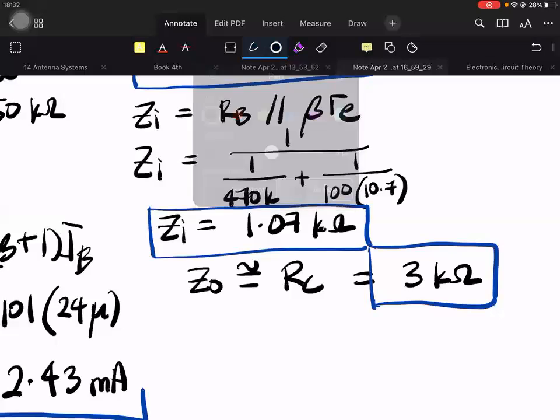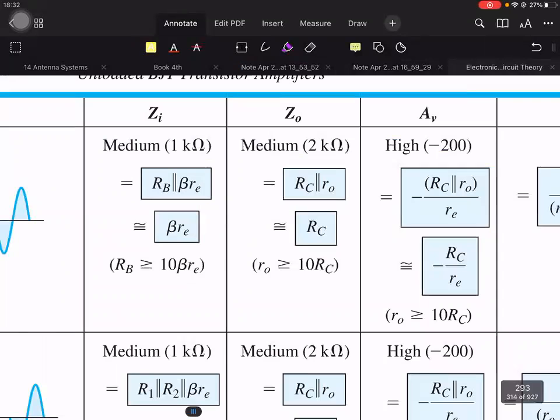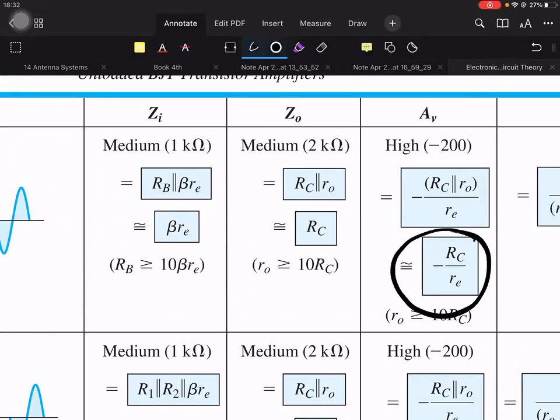Last, voltage gain, AV. AV is equal to, following the formula, negative RC over RE.